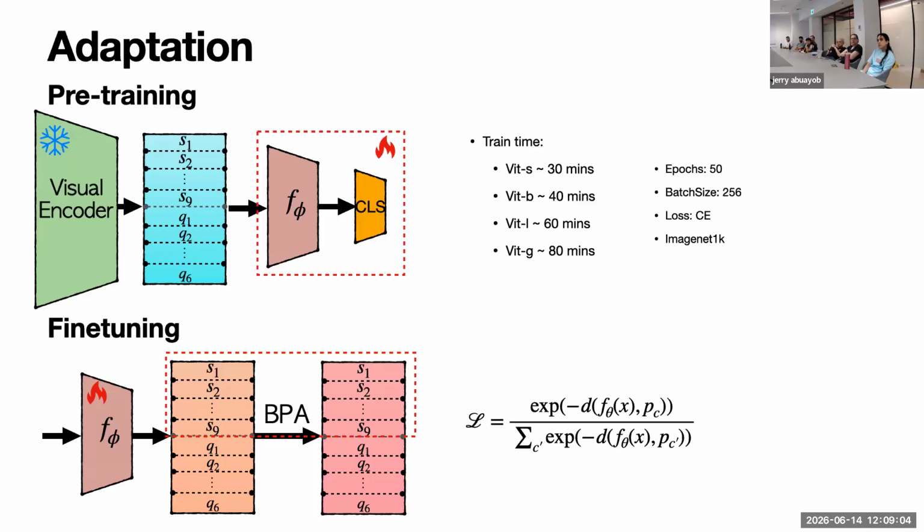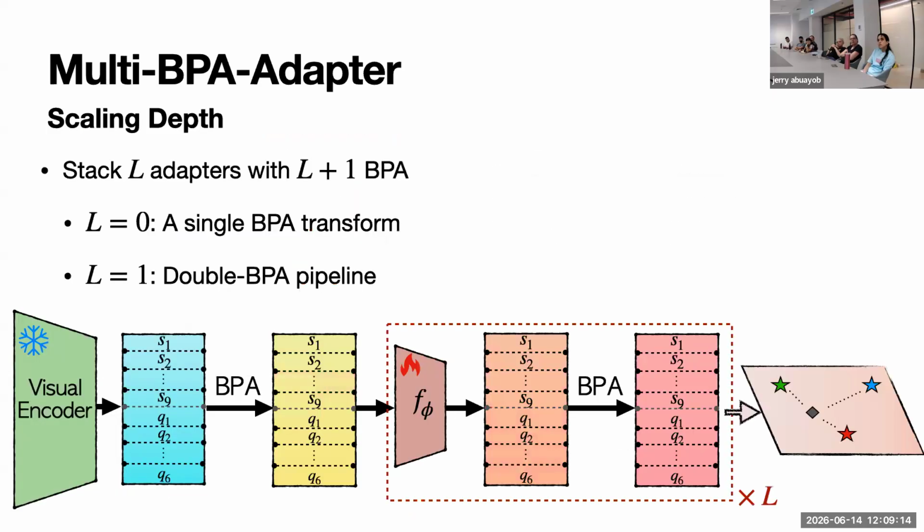Okay, we can move on from now, and then we can talk about it. We call this the double BPA pipeline because, surprise, surprise, we also did a multi-BPA adapter pipeline. Just like a transformer, we shouldn't have just two BPA transforms leading to a single adapter; we can multiply that.